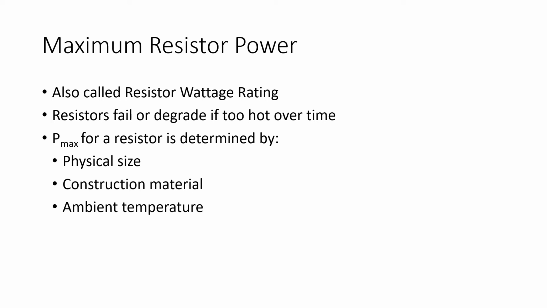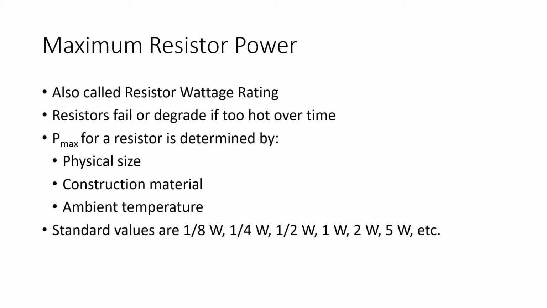The maximum power dissipation that's allowed for a particular resistor is determined by 1, the physical size of the resistor, 2, the construction material, and 3, the ambient temperature, where this term ambient means the temperature of the surrounding air.